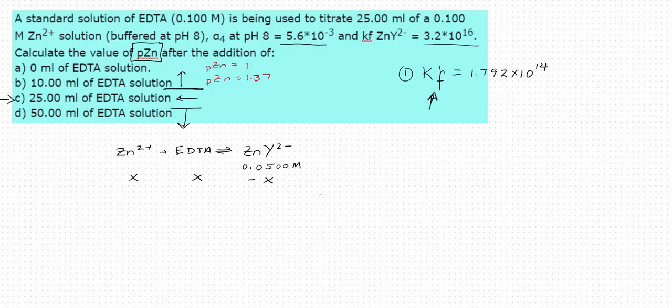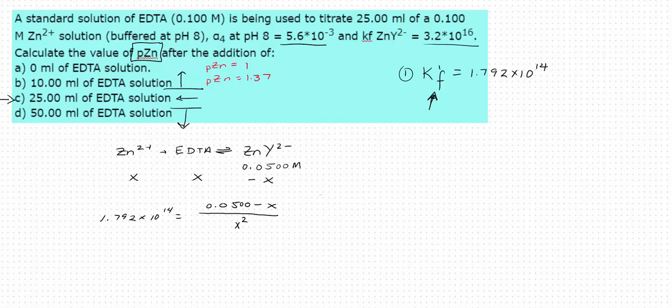We're going to use our conditional formation constant that we also calculated initially, so that 1.792 times 10 to the 14th is going to be equal to the concentration of my product, which is 0.0500 minus x, over the product of our reactants, product being multiplication at this point, not chemical product. So x times x, which is x squared.